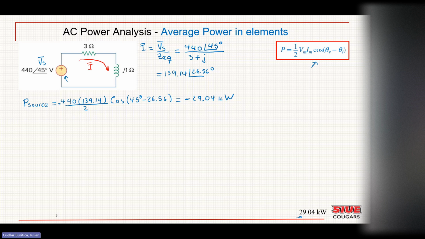Okay, yeah, 2904 kilowatts. And those are negative because that's the power that is going to be delivered or given by the power source.